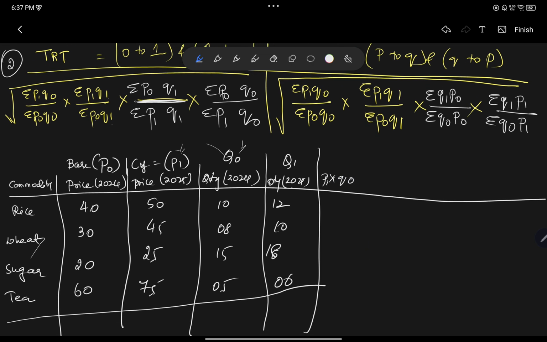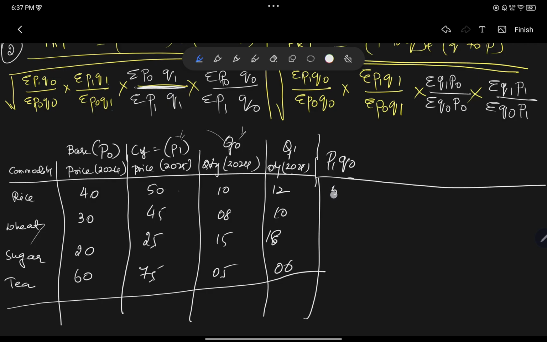So what I will do is I will multiply P1 Q0. 50 into 10, 500, 45 into 8 is 360, 25 into 15 is 375, 75 into 5 is 375.